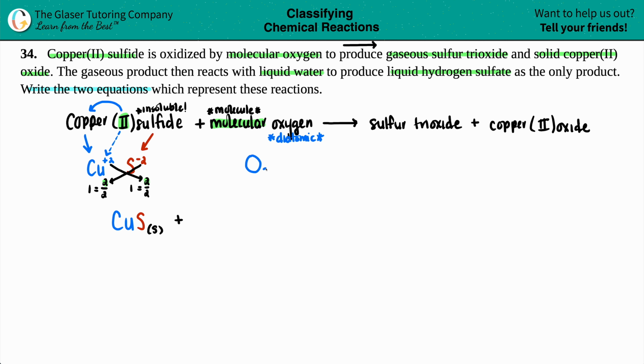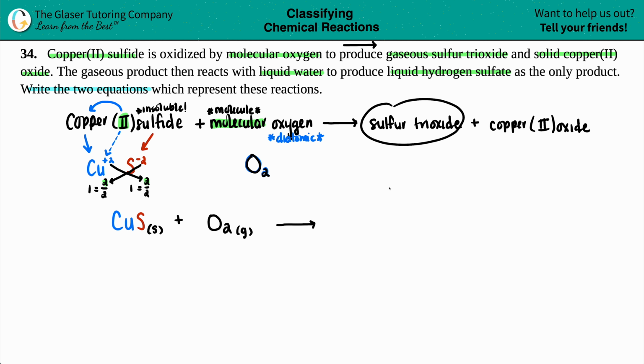So this will always react as O2. With diatomics, you have to know what their states are, and O2 is a gas, it's all around us, right?